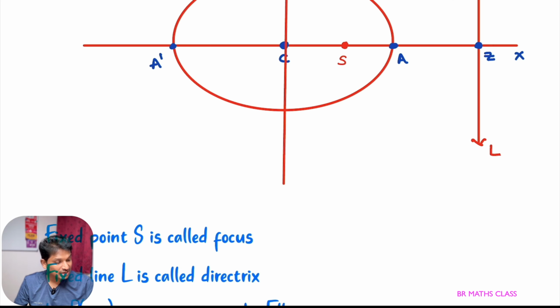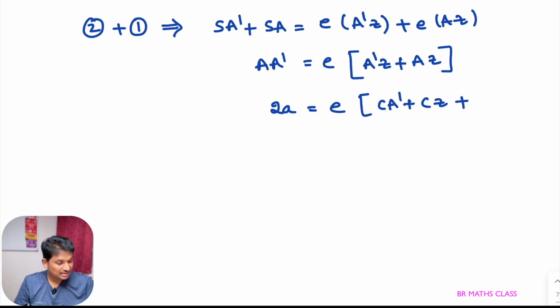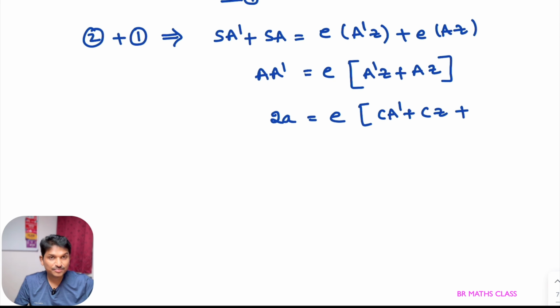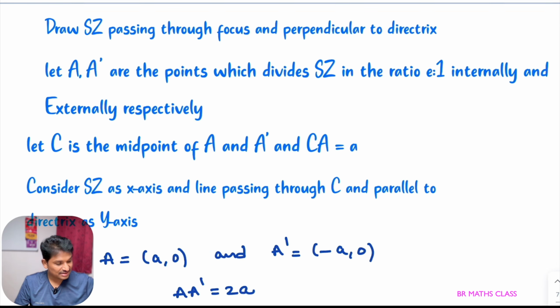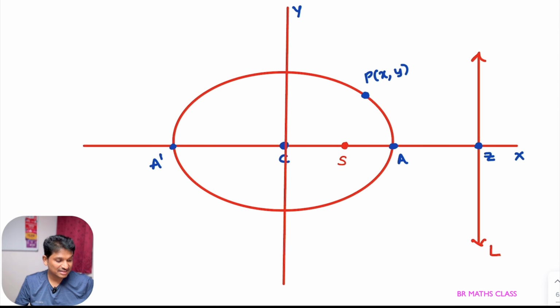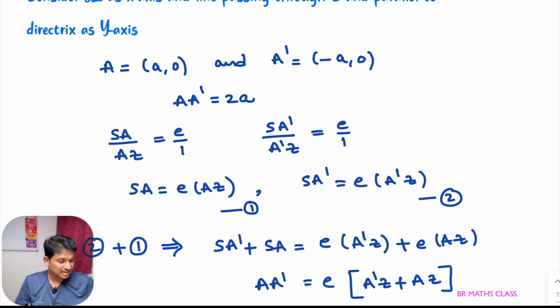How will we include C here? What I'll write? CZ minus CA. CZ minus CA is what? Observe the diagram. CZ minus CA is AZ, right? So I'll write this AZ as CZ minus CA. Yes, correct.